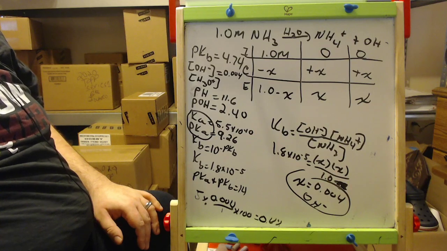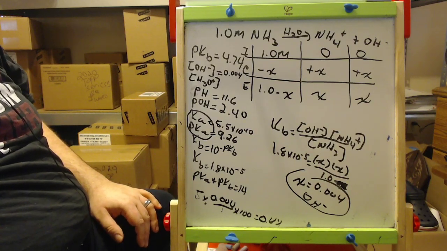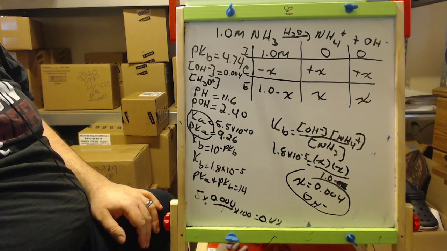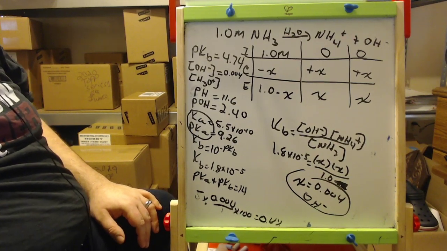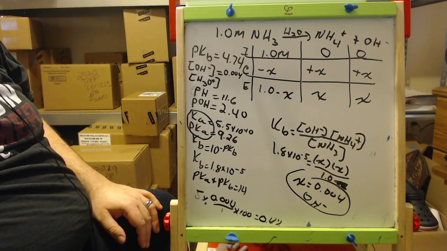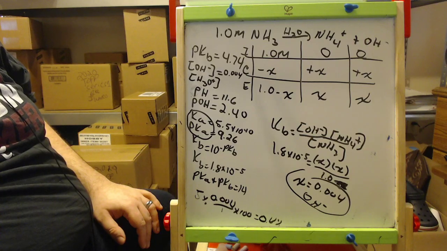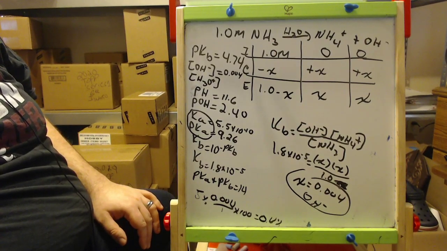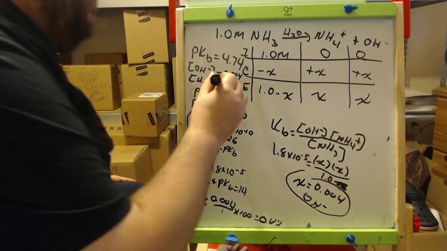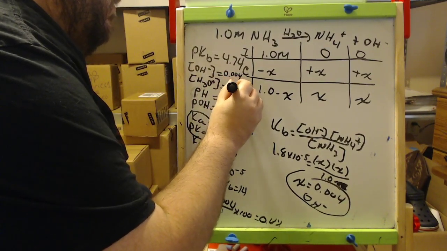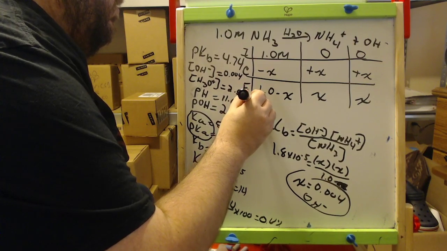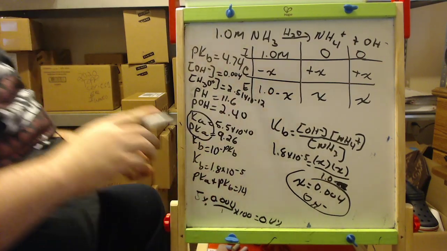And I get 3.98. Let me just make sure I have that right. 10 exponent. 0.51 times 10 to the negative 12th. Something like that.